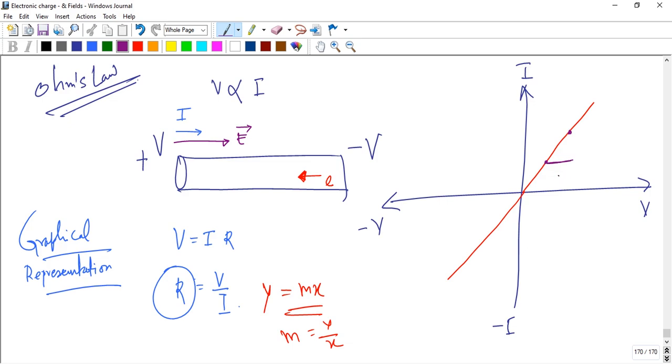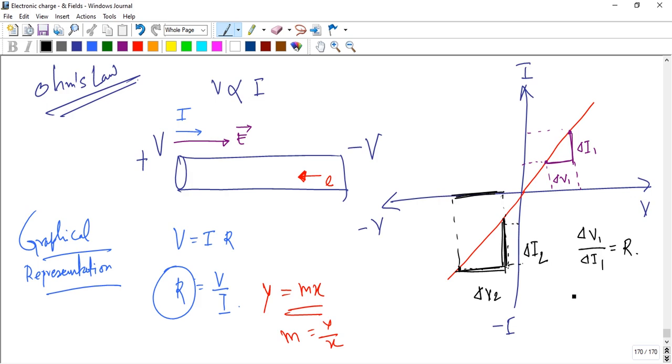If you choose a very small potential difference between two points, that's delta V1 and this is delta I1. So delta V1 by delta I1 gives R. If you choose another triangle, with delta V2 and delta I2, then R equals delta V2 by delta I2.